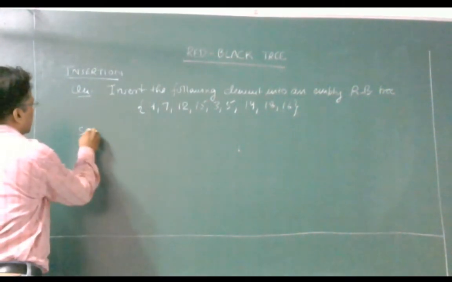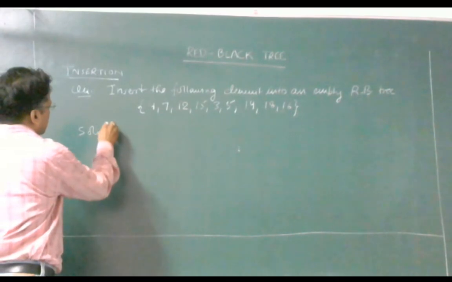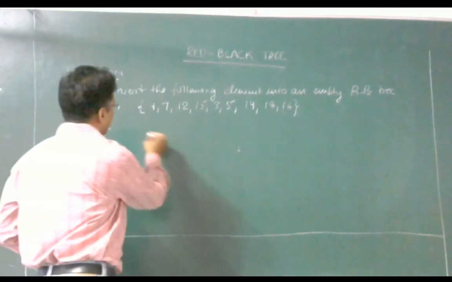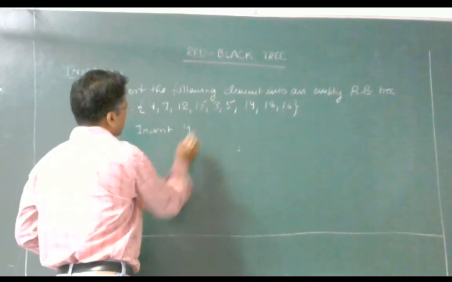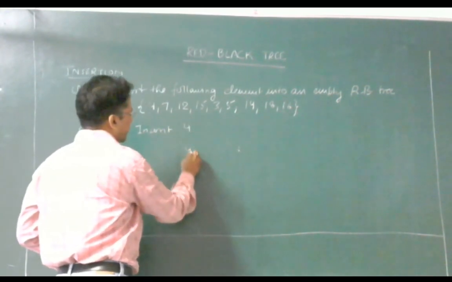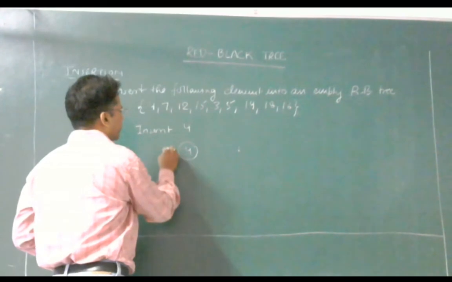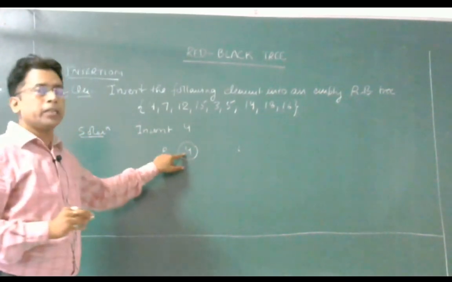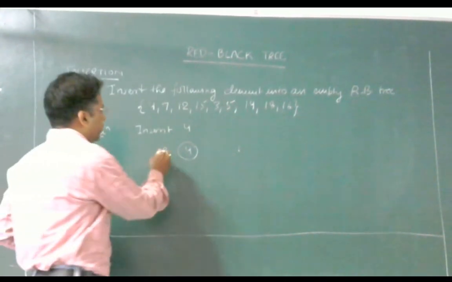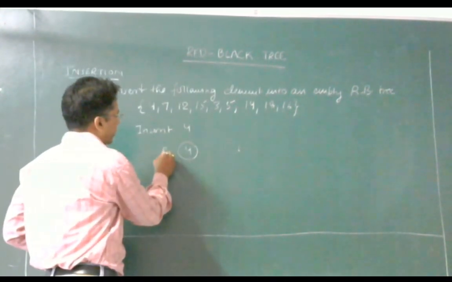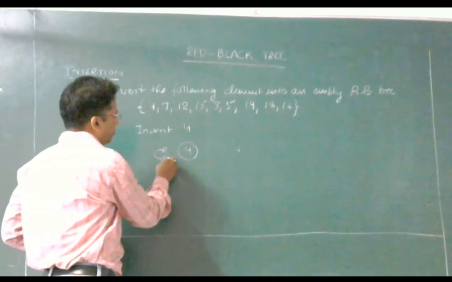So the solution is, first insert 4. Since 4 is the single element, it will be red, but since it is the only element and it would be the root, it will change into black color.